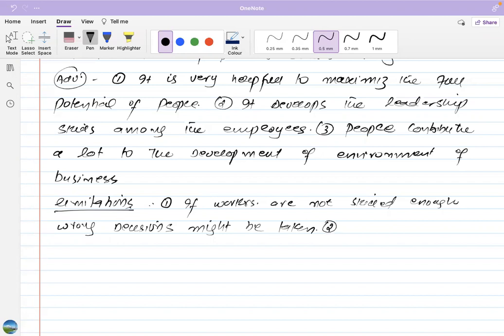It may also lead to the loss of customers in the future. If the decision involved something related to customers and a wrong decision is taken, it may result in the loss of customers in the future.